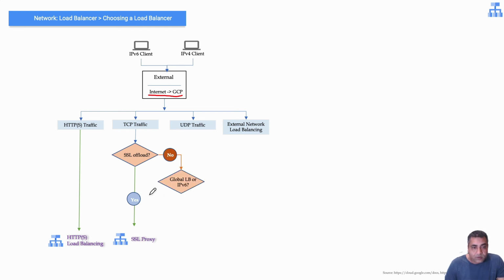Now, what if you don't need to offload SSL? Then the next decision criterion is whether it's a global load balancer or IPv6. If yes, then you use TCP proxy. So if you're following, it's a non-HTTPS load balancer, and you don't need to offload SSL.